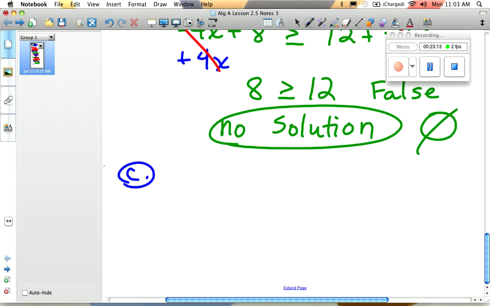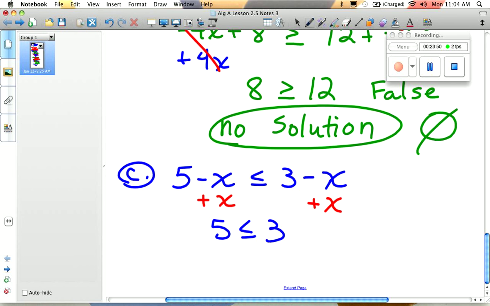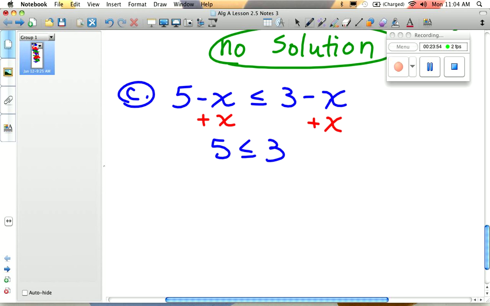I want you to try this one on your own, see what happens. You end up with the same statement I do. 5 is less than or equal to 3.